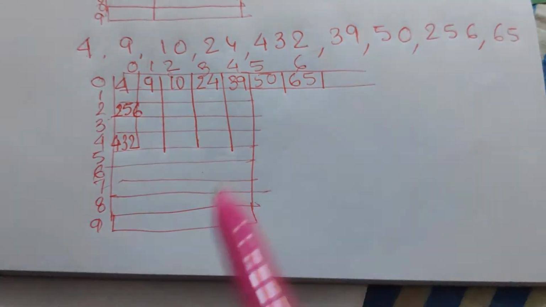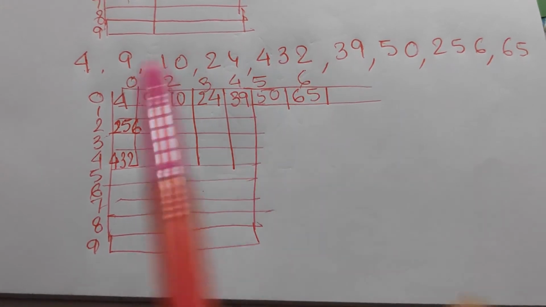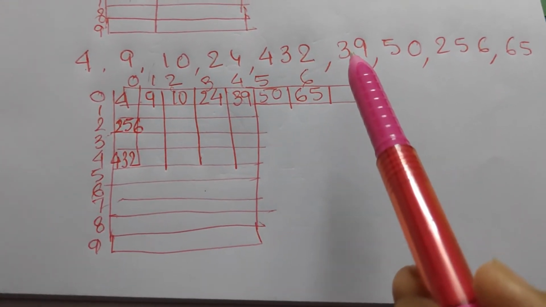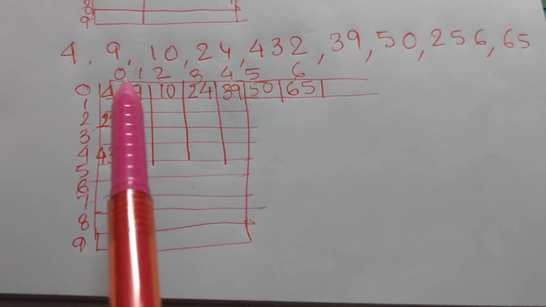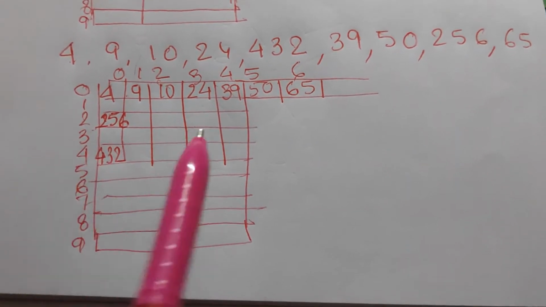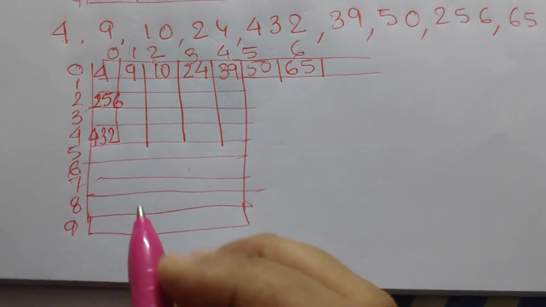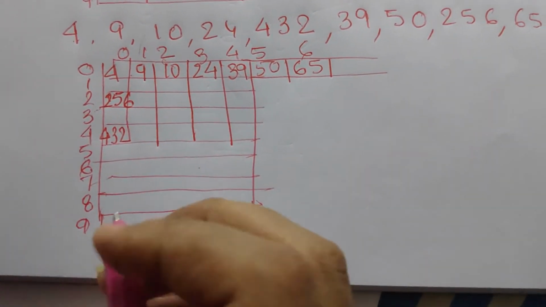Correct? So you can understand, since all the 2-digit numbers or single-digit numbers do not have any third digit in their number, they have all been placed in the 0th row. Right? Now again, as we have seen in the previous case, we rewrite the numbers in the array starting from the first row.